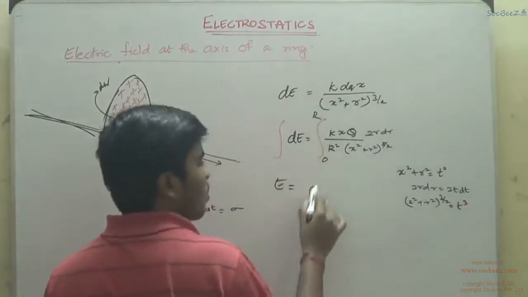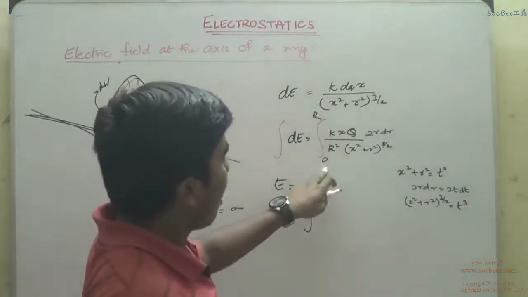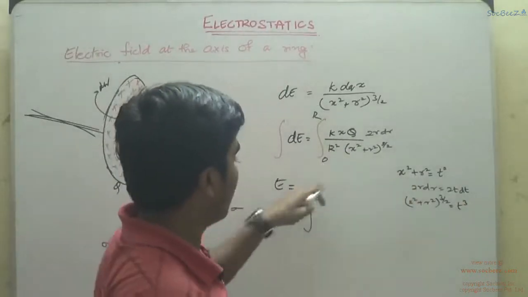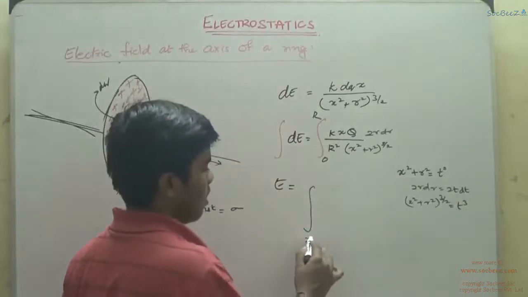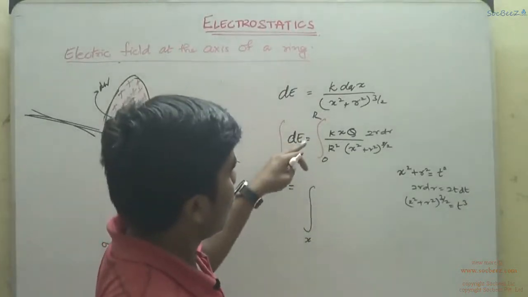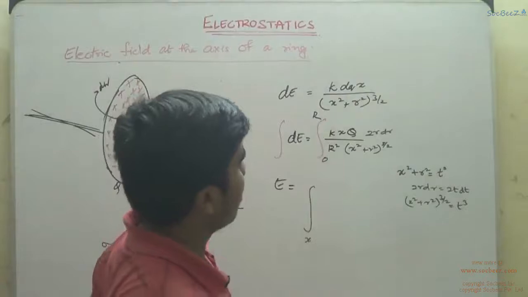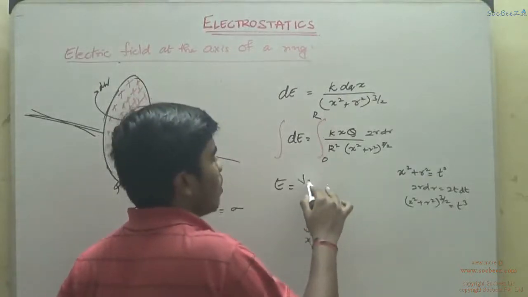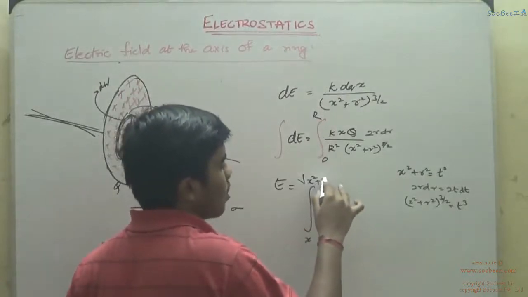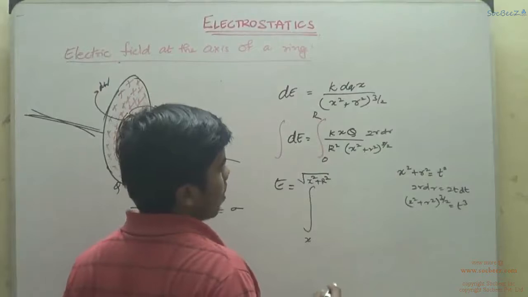Now the integration becomes, see, when r is equal to 0, t is equal to x. When r is equal to R, t is equal to under root of x square plus R square, right?